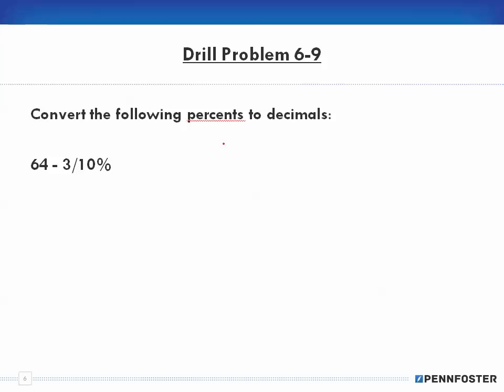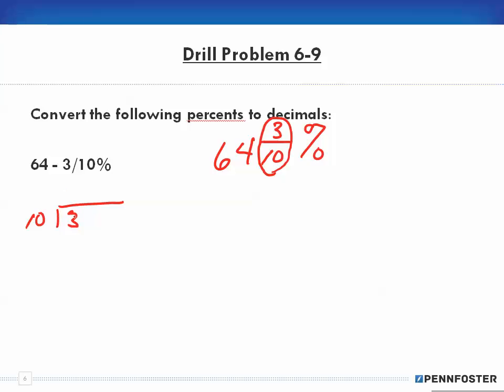Okay, so I have 64 3/10 of a percent. We have to convert this fraction into a decimal, and we do that by taking the 3 in the numerator, and remember this comes from chapter 1 or 2 work, dividing it by 10.